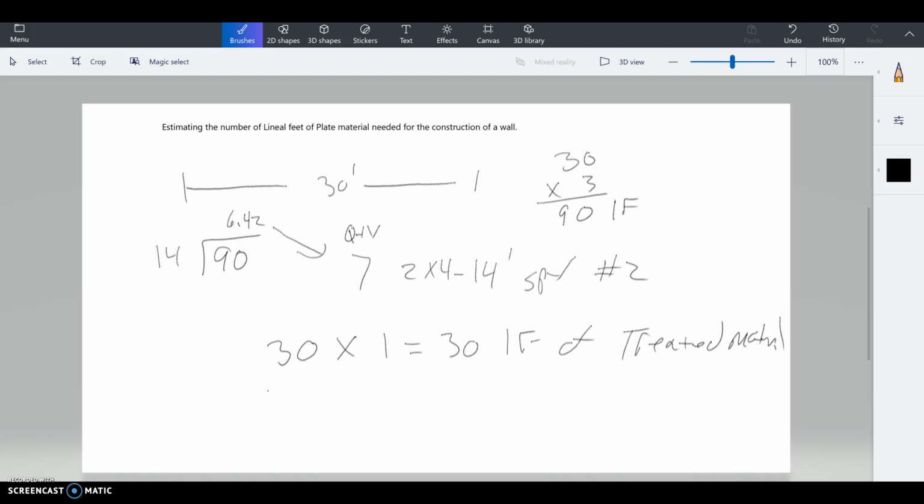And then 30 times 2 would equal my 60 lineal feet of regular SPF number 2.